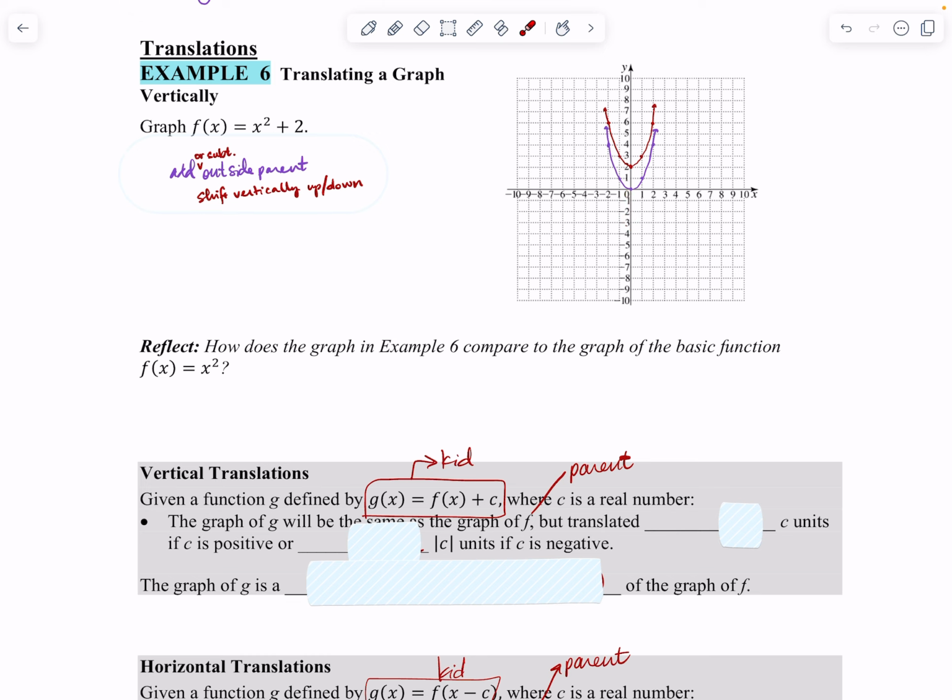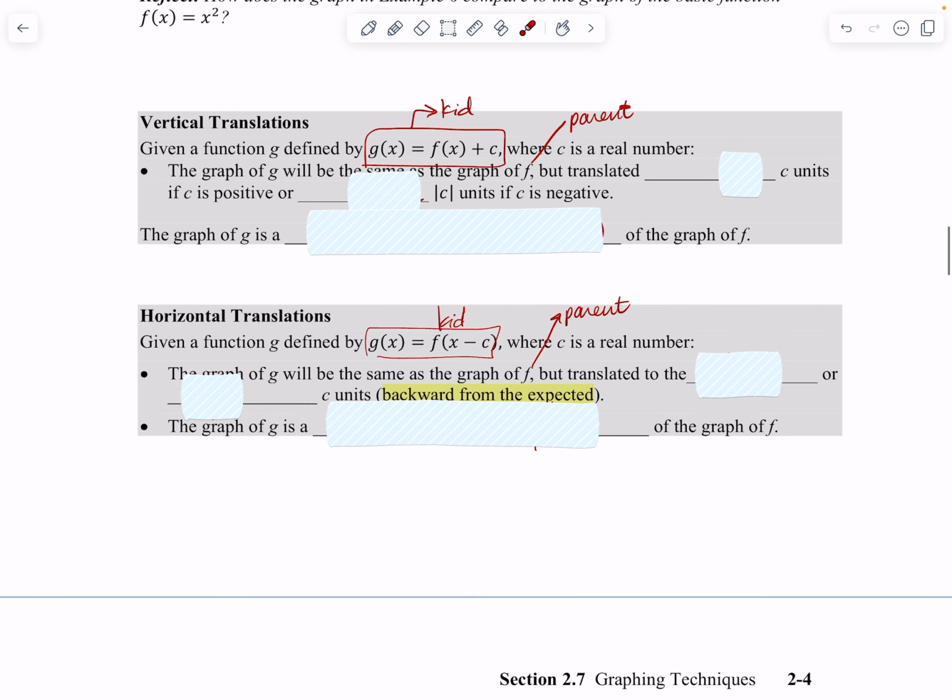So to put it in one of our nice gray boxes here, given a function g, and g here is going to be, I like to call it the kid, where we have our original parent, because f is the parent, our original parent plus something, so we are adding outside of the parent.